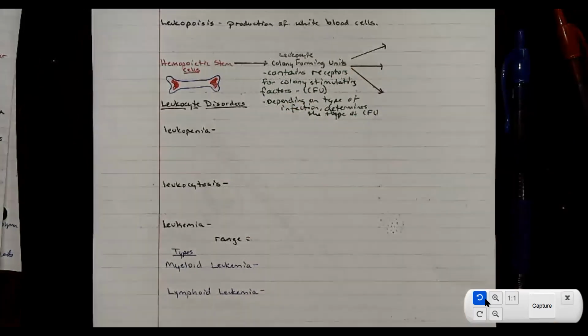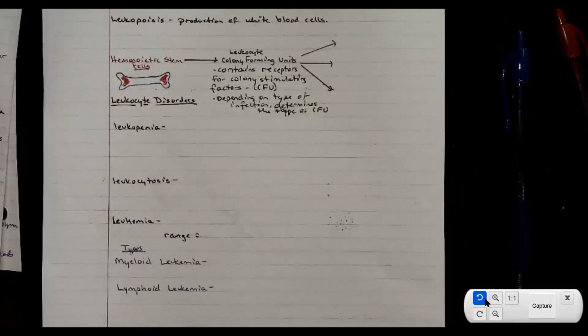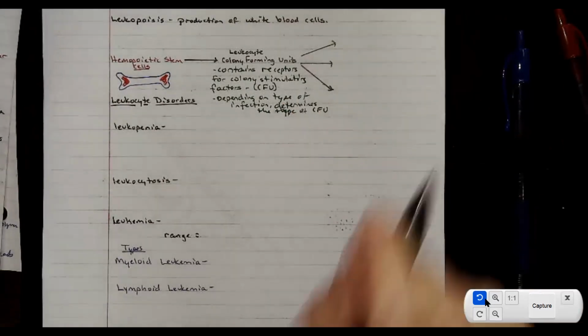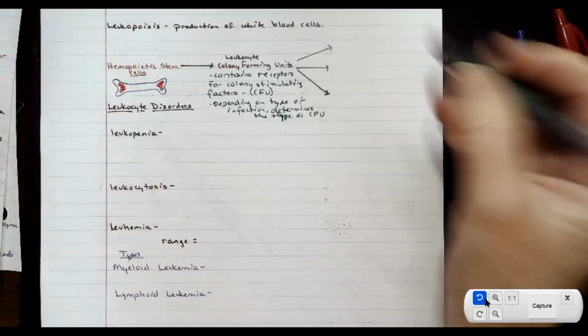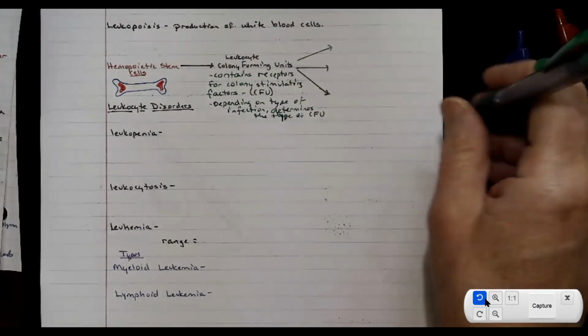So if you have worms, you're going to want to make more eosinophils, what have you. So it depends on the type of infection, or what you're going to produce.